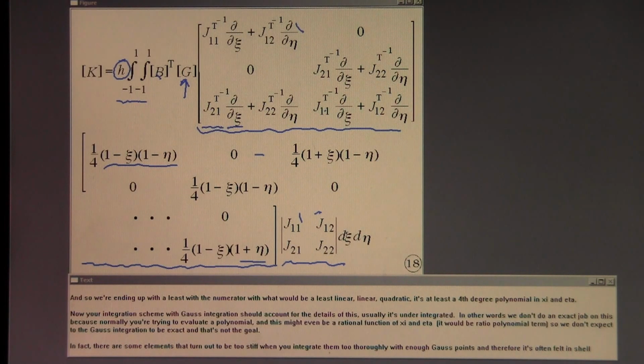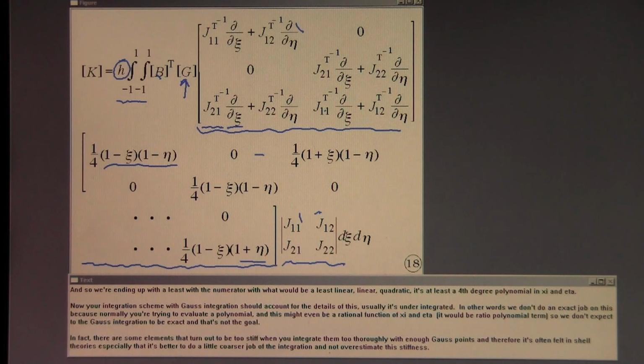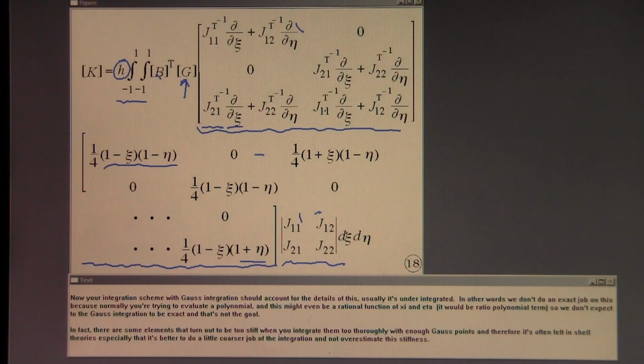So we don't expect the Gauss integration to be exact, and that's not the goal. In fact, there are some elements that turn out to be too stiff when you integrate them too thoroughly with enough Gauss points, and therefore it's often felt in shell theories especially that it's better to do a little coarser job of the integration and not overestimate this stiffness.